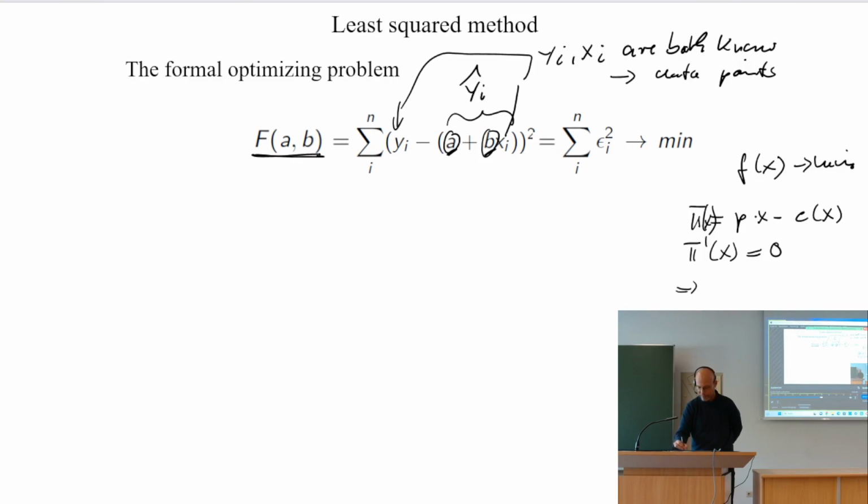And then we, of course, end up with P equals C prime. And this is nothing else than price equals marginal costs.